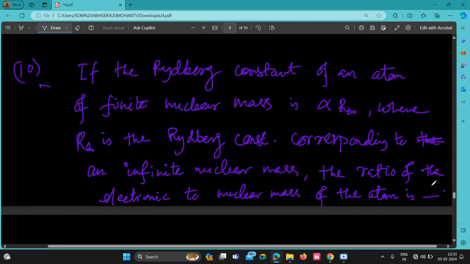This is the question. The Rydberg constant of an atom of finite nuclear mass is alpha R infinity, where R infinity is the Rydberg constant corresponding to an infinite nuclear mass. The ratio of the electronic to nuclear mass of the atom is.